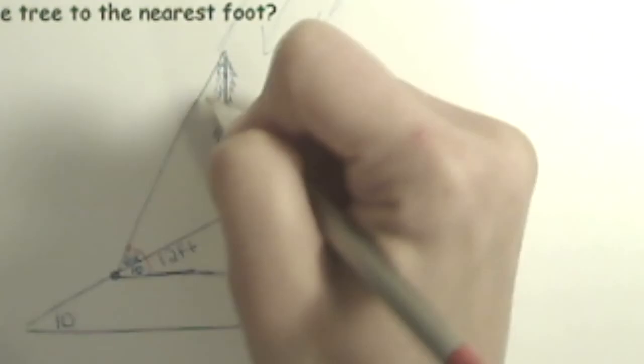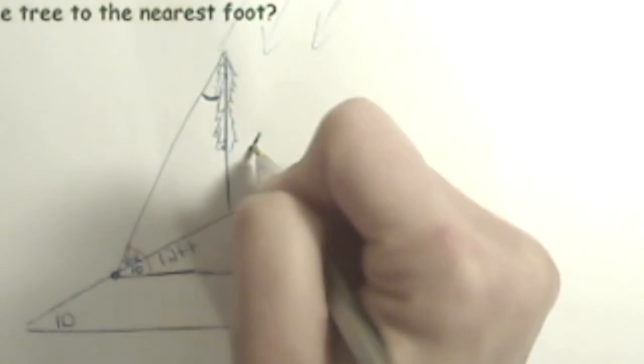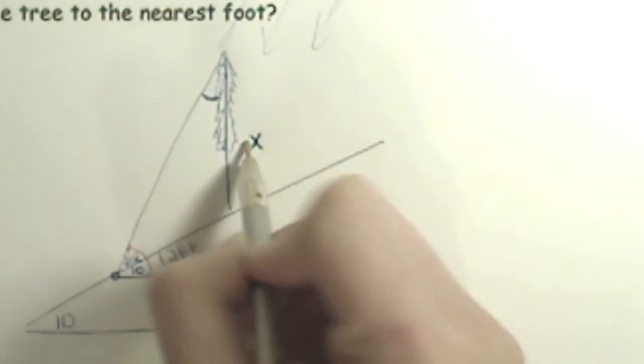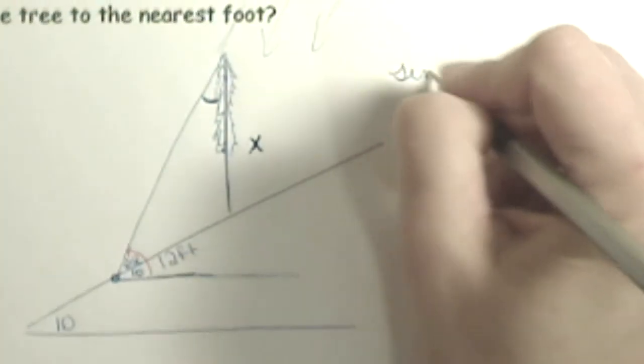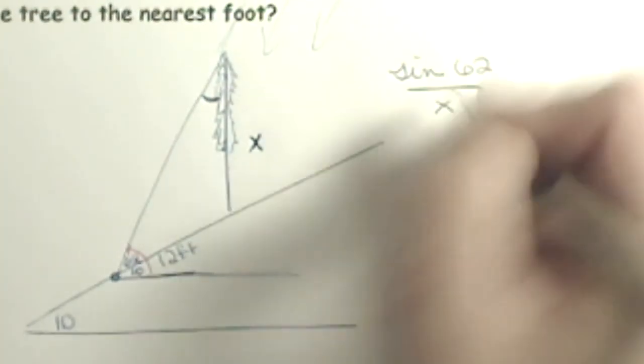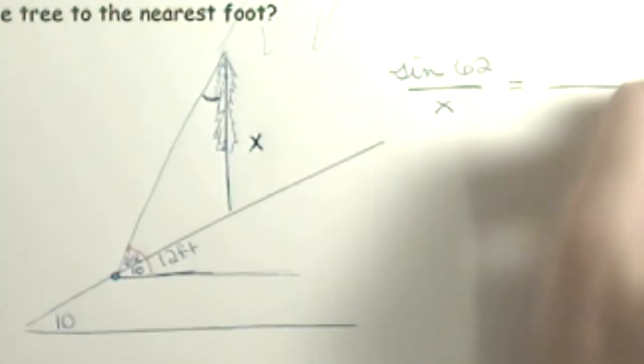And this is 12. Well, we need this angle because we need an angle opposite a side. And we're asked to find the height of the tree. We have the angle opposite that side. So we're kind of getting close to being ready. Sine of 62 over x equals sine of this angle up here over 12.